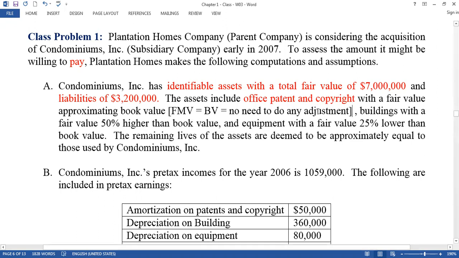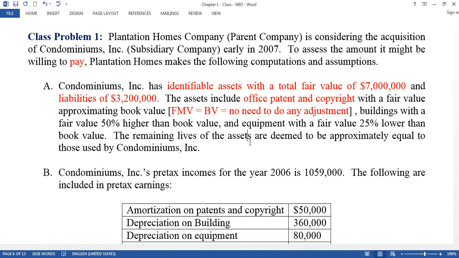So why do we not need to do any adjustment for this kind of asset if fair value equals book value? You have to read the question very carefully to see whether we need any adjustment or not. If an asset's fair market value and book value are equal, then we don't need to do any adjustment.